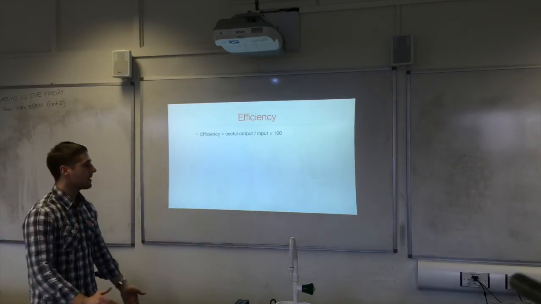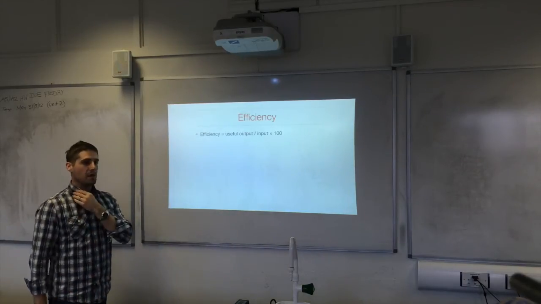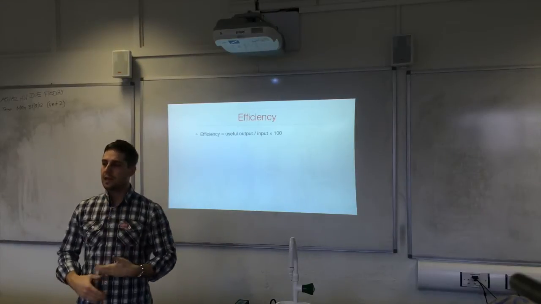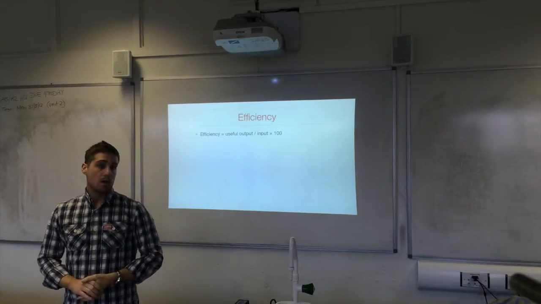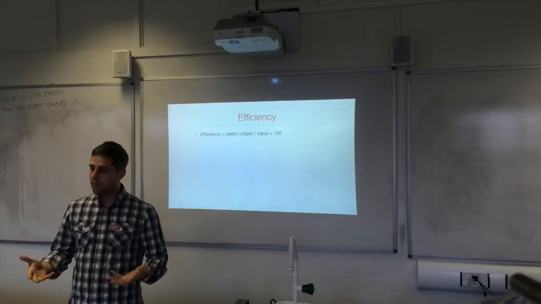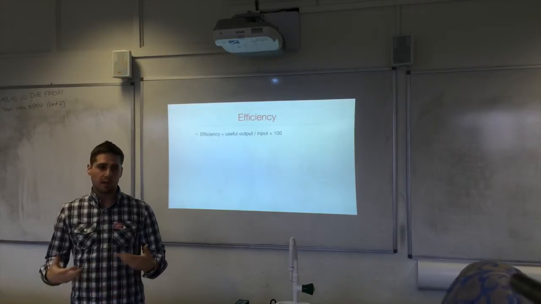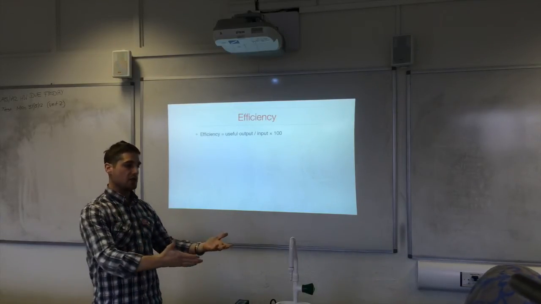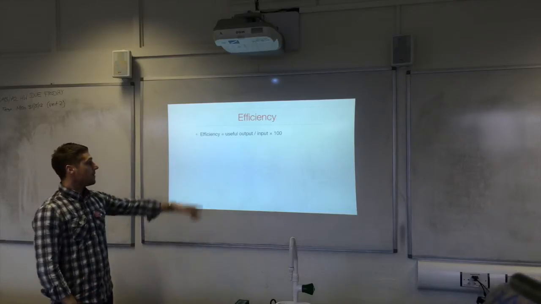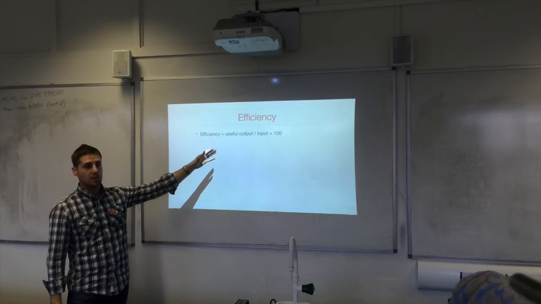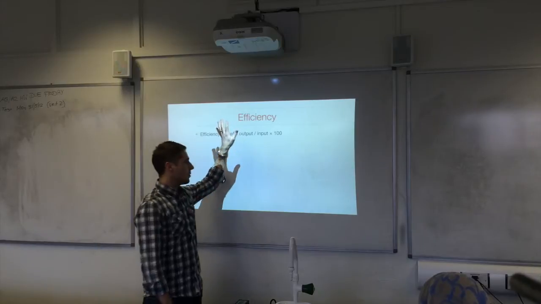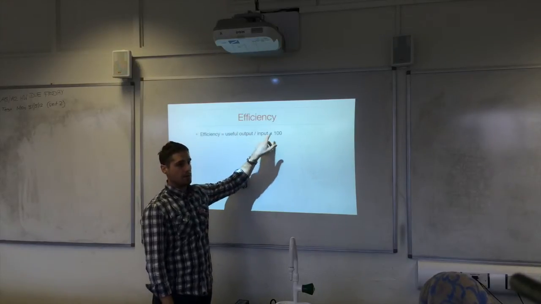All right. Efficiency then. So this is taking into account the fact that there are losses in our energy transformations. Some of our energy doesn't go to a type of energy that we want. Efficiency is equal to the useful output, that's what we're interested in, divided by the input times 100.